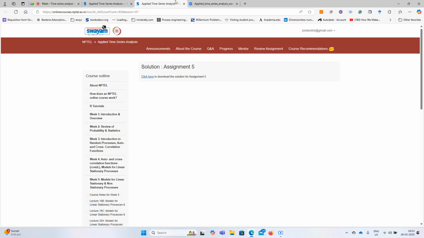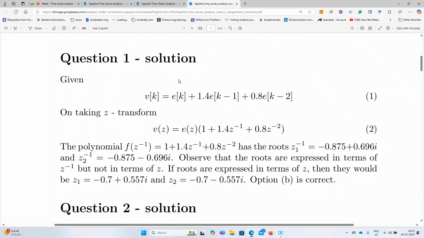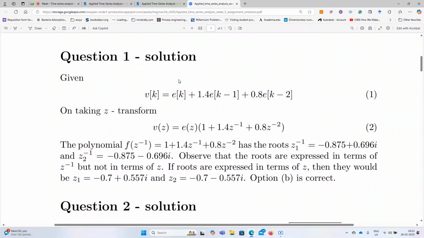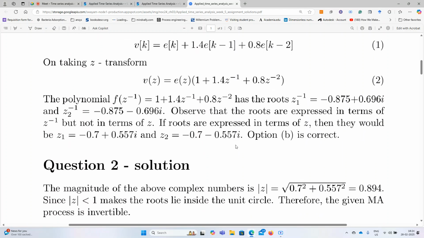So it's a 3 point system for which you can see the solution. You can just take this z as the operator, apply it, and using that you can find the complex roots. So these are the roots.